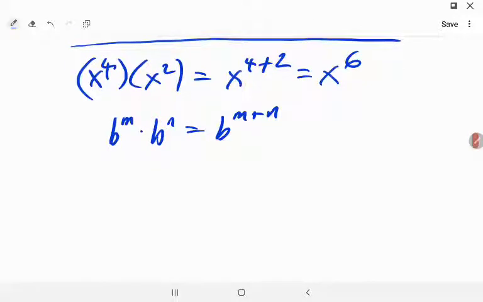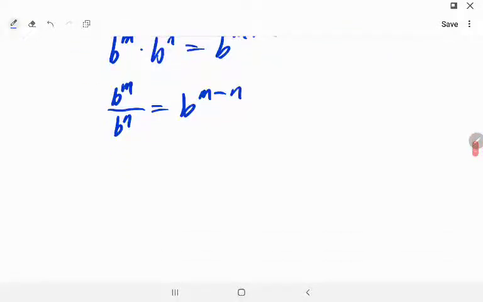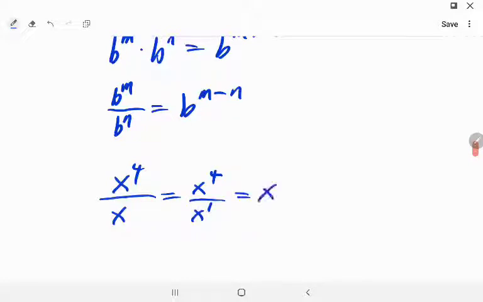And if we have b to the m divided by b to the n, that's going to be b to the m minus n. So if we had x to the fourth divided by x, we think of that as x to the fourth divided by x to the first. So that gives us x to the 4 minus 1, which is x cubed.